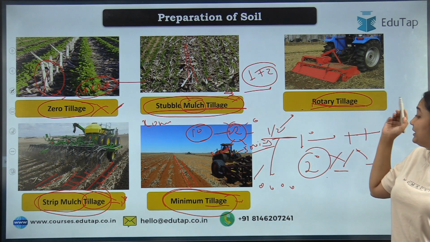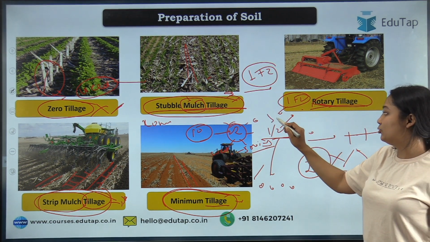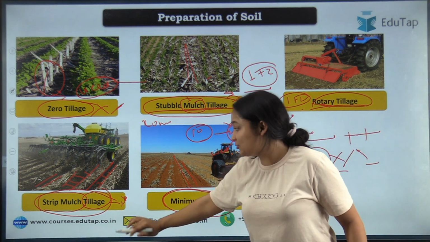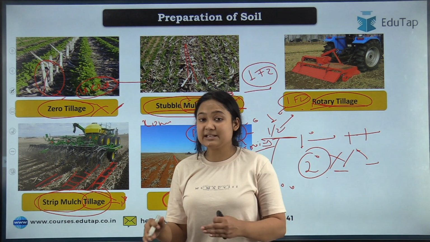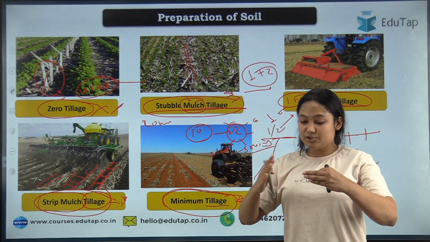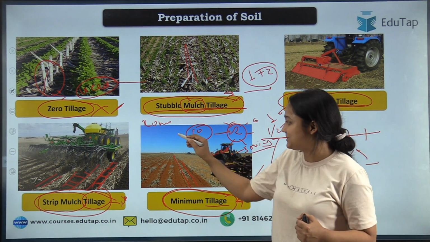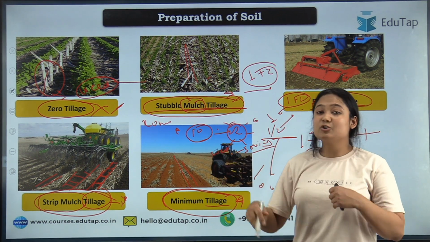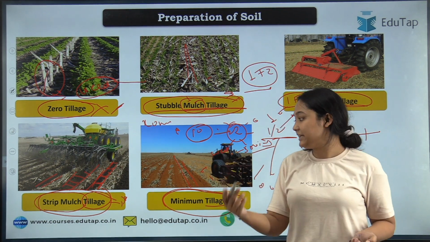Now, rotatory tillage, where you do primary and secondary tillage in one go. Then strip mulch tillage, where you do tilling, but in strips, as you require. Then minimum tillage, where you cut short the steps of tillage. You do primary tillage, that is necessary, but for the secondary step, you combine one or another step, so you don't have to go to the field again and again.